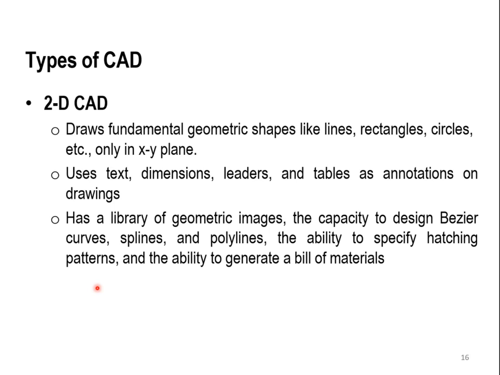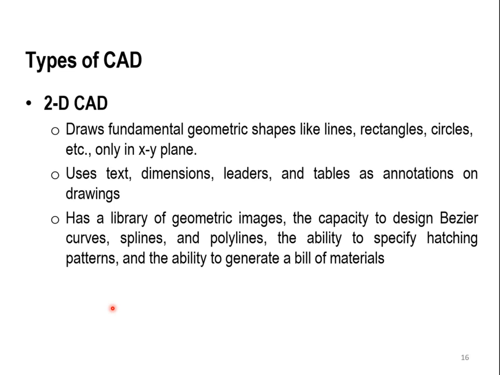So again, for the types of CAD, we start with 2D CAD, where it draws fundamental geometric shapes like lines, rectangles, and circles, and all are going to be in the XY plane. It uses text, dimensions, leaders, and tables as annotation on the drawings.